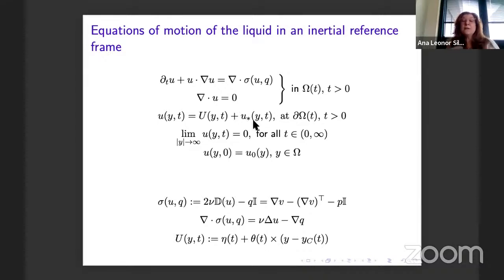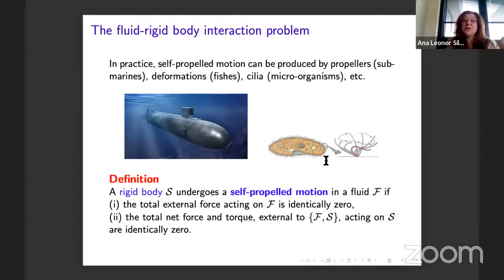Okay, so the rigid body is going to move because it generates itself some distribution of velocities on its boundary, like for instance is shown here. Okay, in the case of the submarine, we can assume that, for instance, this propeller that is here, of course it is moving, but somehow we can associate this velocity with something that is generated here.